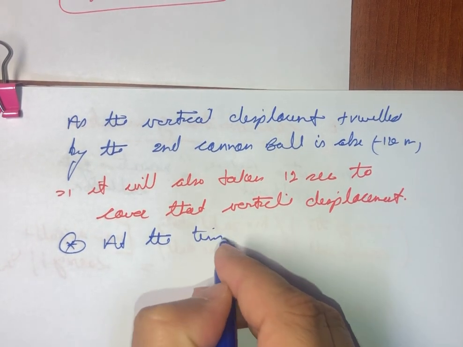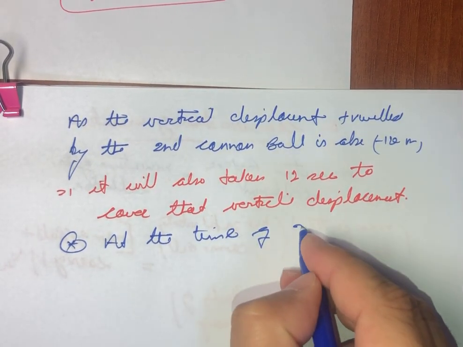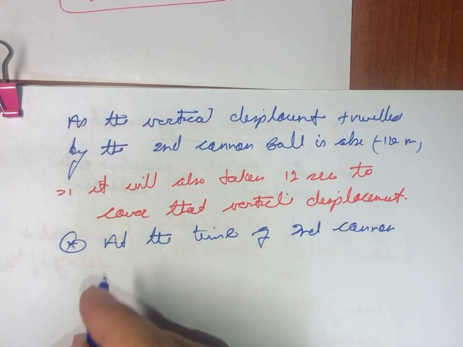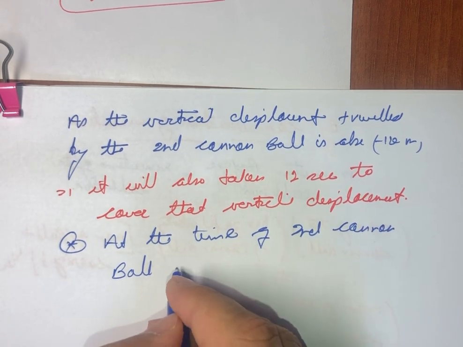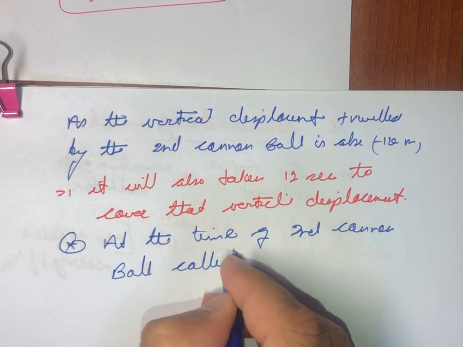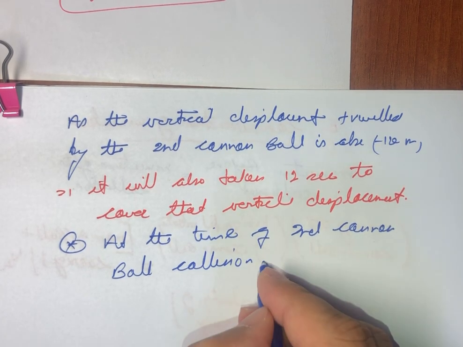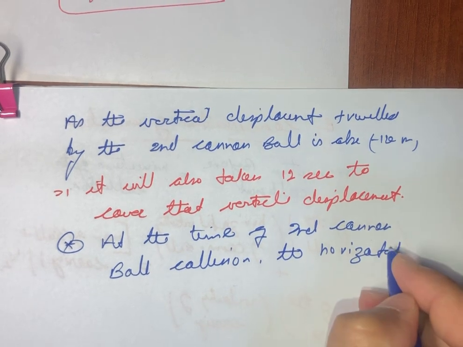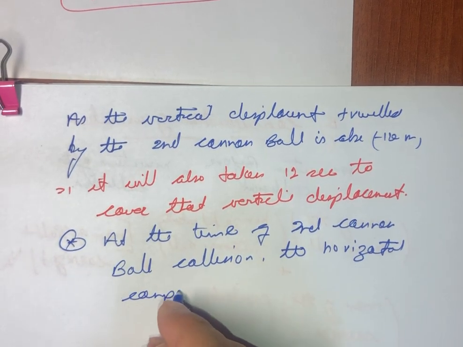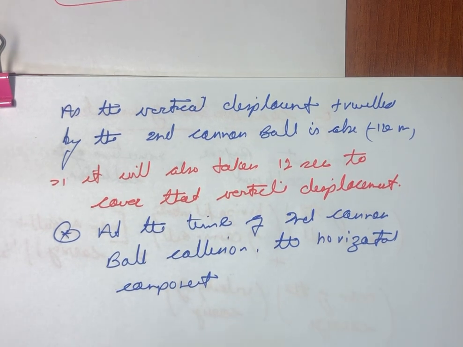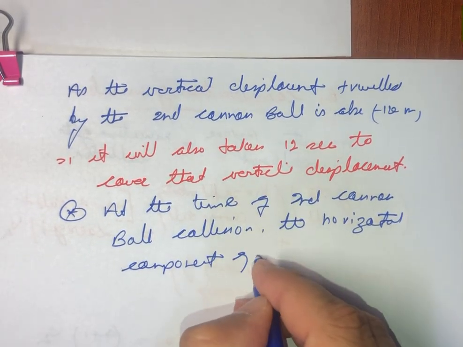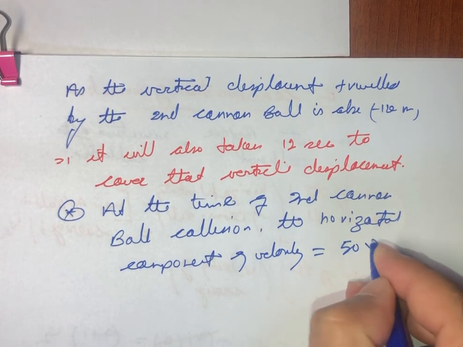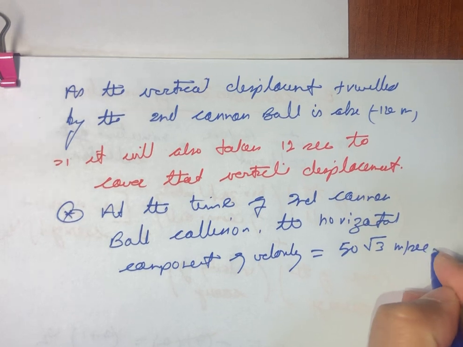At the time of second cannonball collision, the horizontal component of velocity will also be equal to 50√3 meters per second.